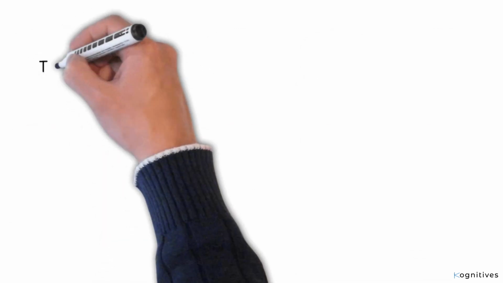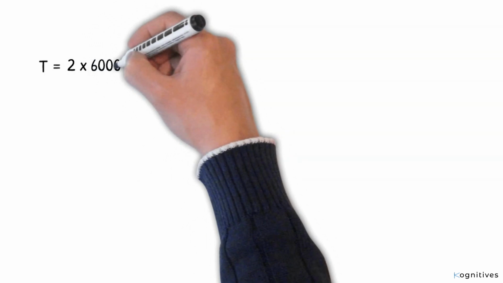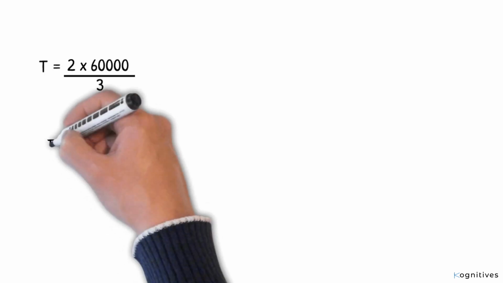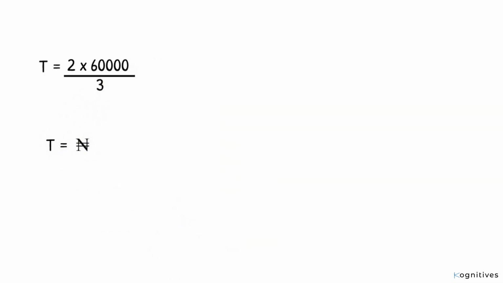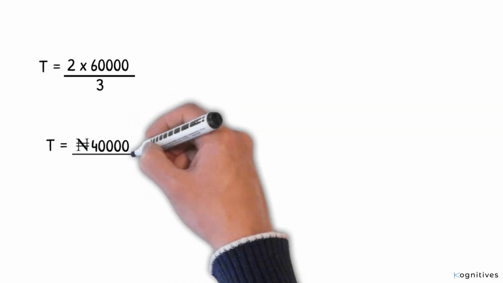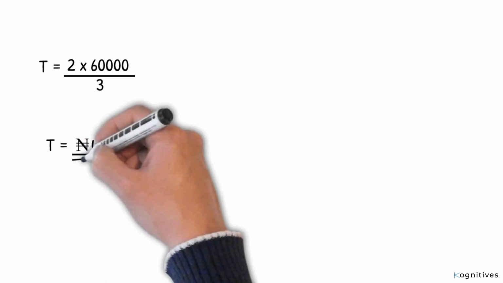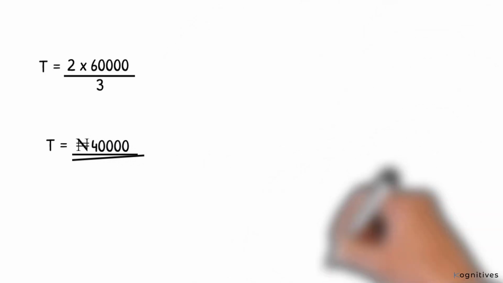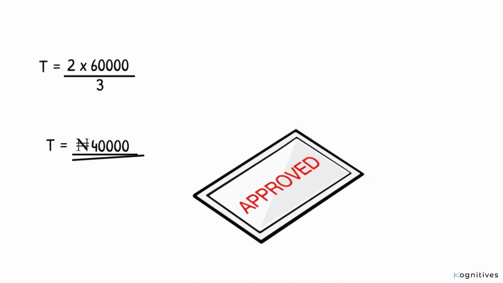And then T will now become 2 times 60,000 over 3. Therefore, when I simplify further, I'm going to get T equals 40,000 naira. Therefore, the total amount shared by Gregory, Mike, and Joel is 40,000 naira.